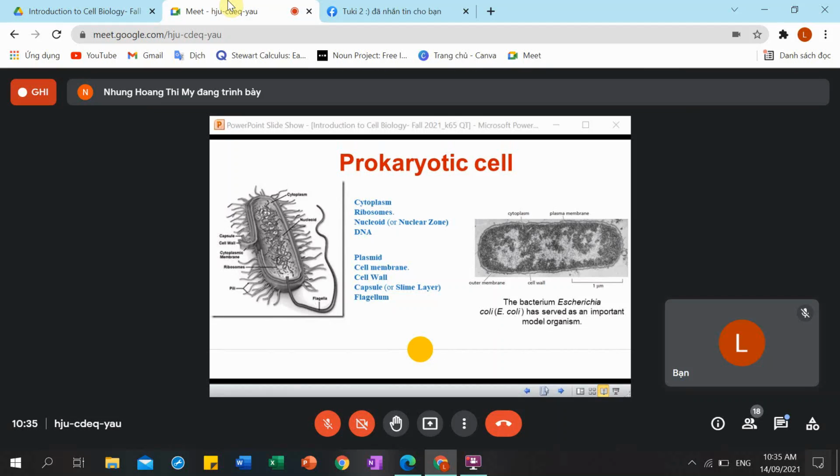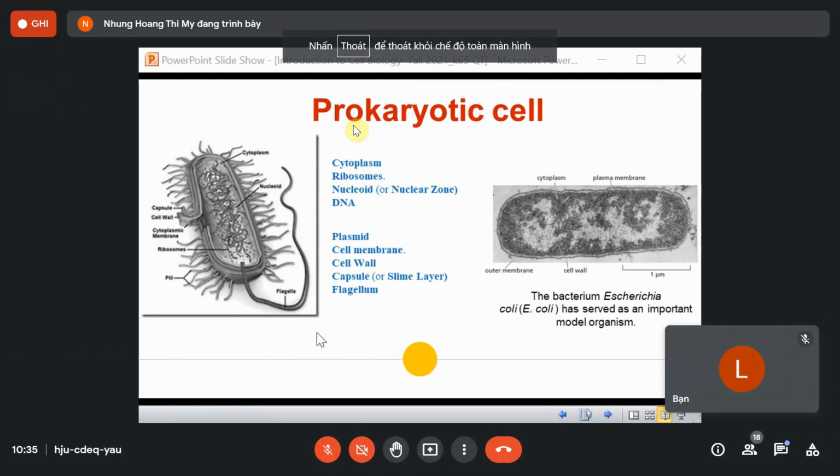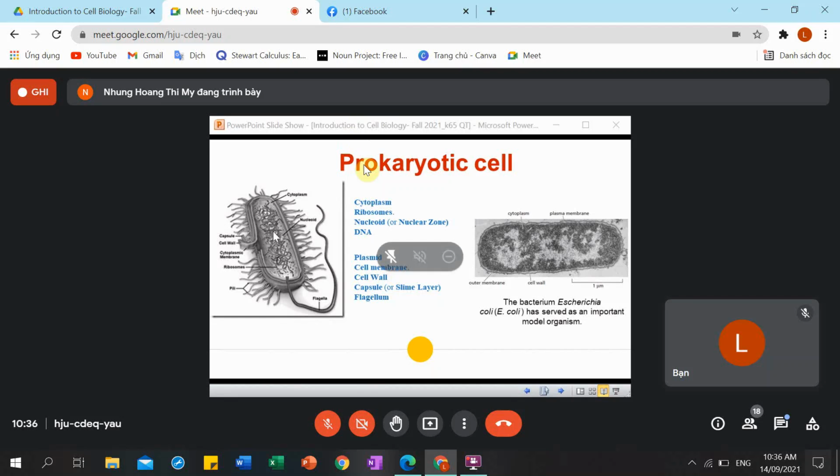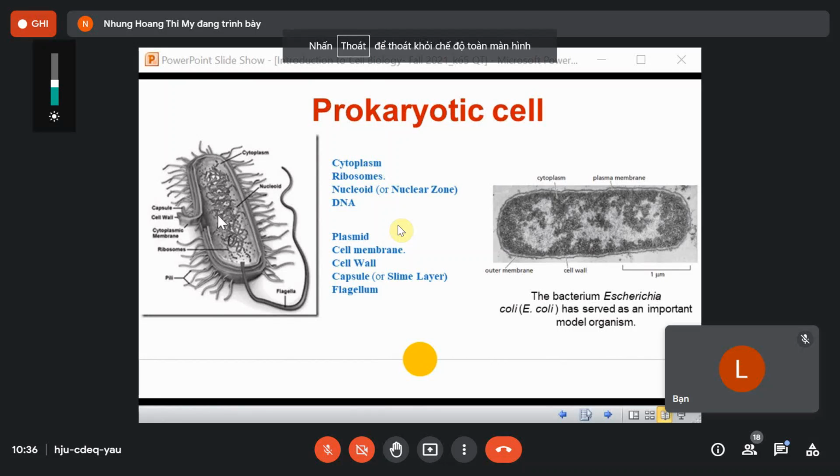So this is the drawing of the main structure in the prokaryotic cell. You can see that they contain only the cytoplasm with only one type of organelle, the ribosome. Ribosome is the only organelle present in the prokaryotic cell. They don't have a nucleus, they have only the nucleoid, that means the nucleus zone, the area that contains the DNA molecule of the cell.